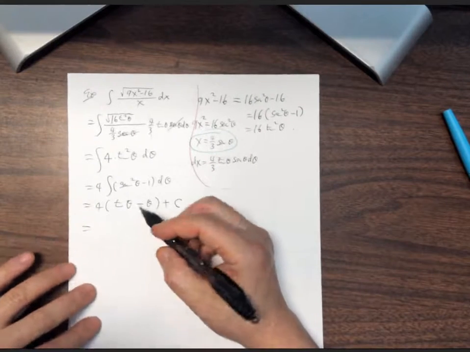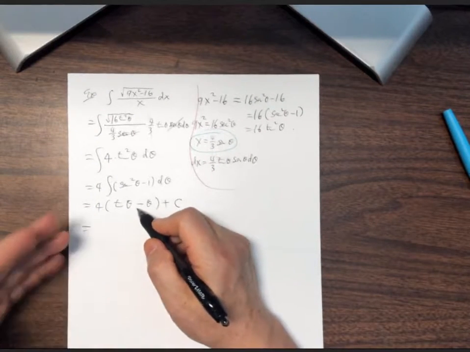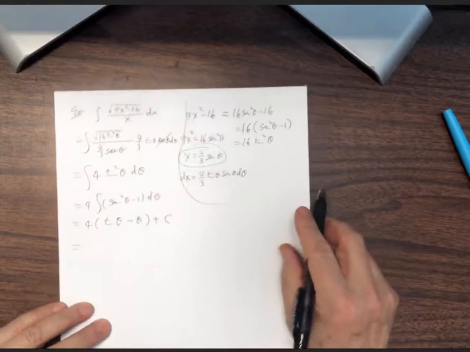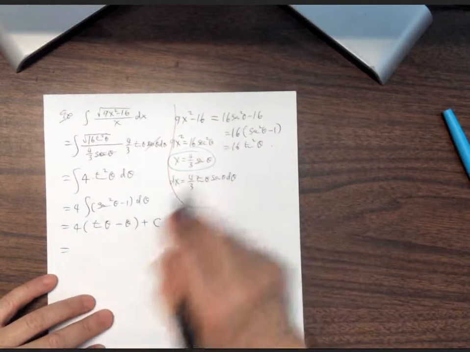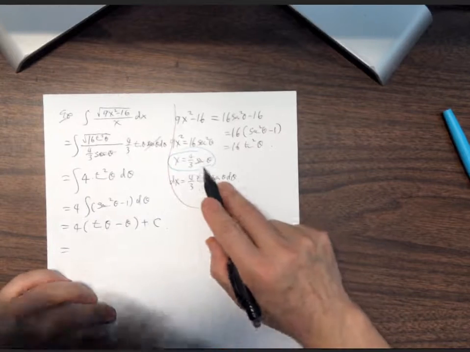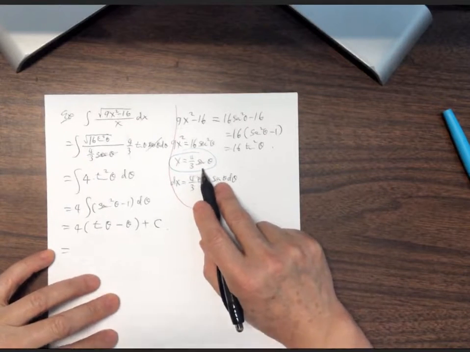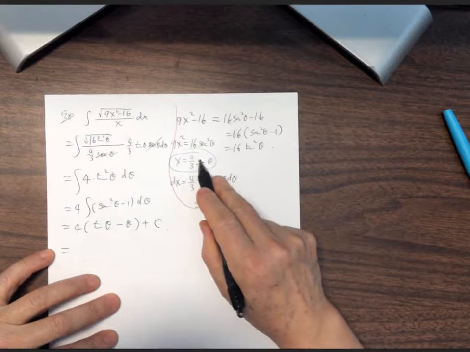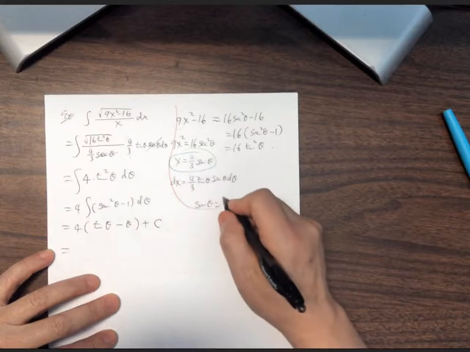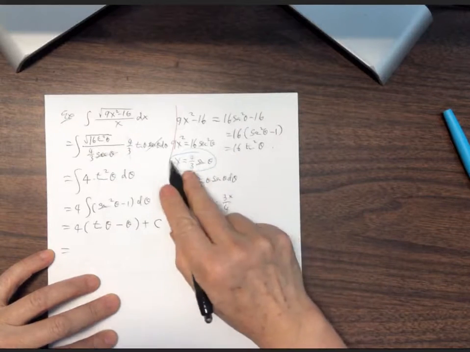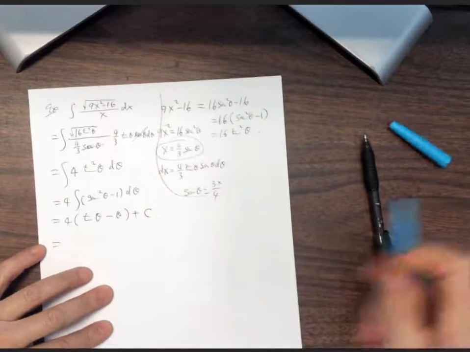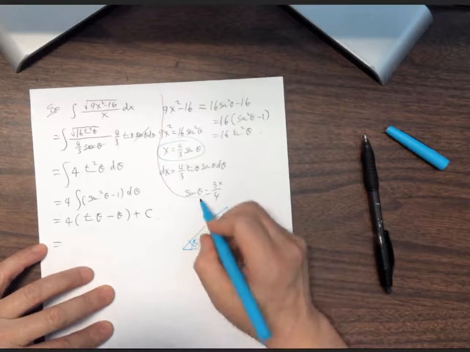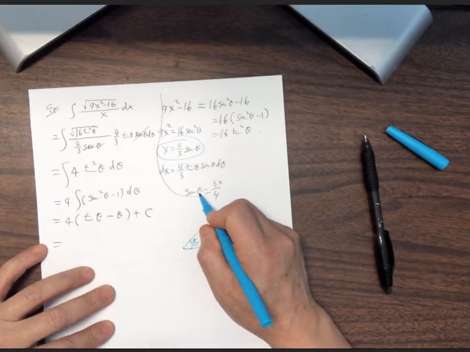The next thing is how to turn this back into an answer in x. Well, a triangle, at least for trig expressions. Let's see our substitution. This substitution says secant theta is 3x/4. So what's our triangle? Secant is 1 over cosine.